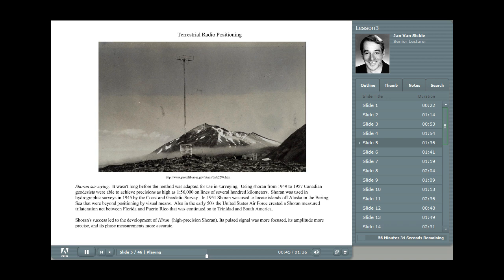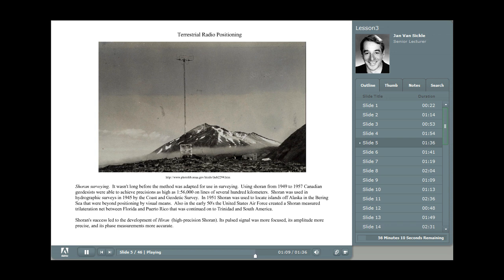And as it says here, in the early 50s, the Aleutian Islands off the coast of Alaska were measured by SHORAN. And in the 50s, the United States Air Force did trilateration between Florida and Puerto Rico, and then continued to Trinidad and South America.